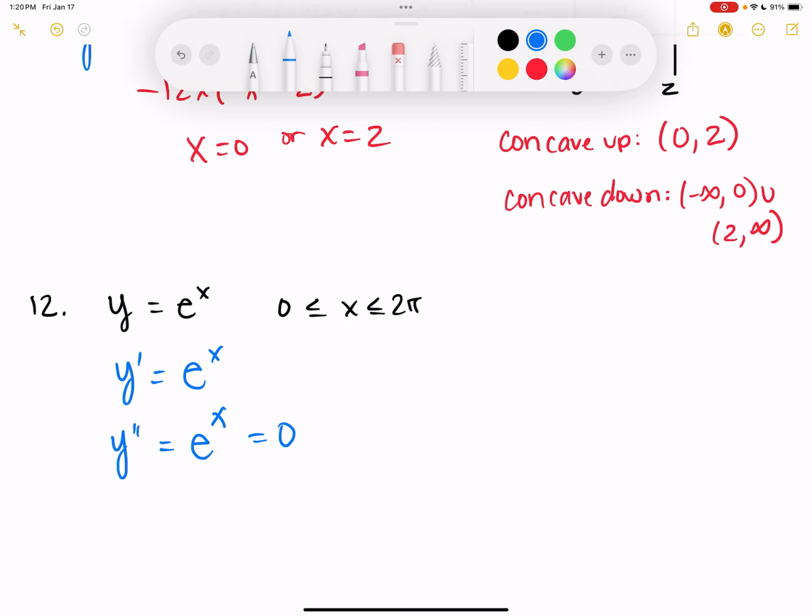No. Okay, there's nowhere, but what do we know about e to the x as far as its graph? It's always greater than 0, and it's always going up. So it is always positive. Such an optimistic graph. Concave up.